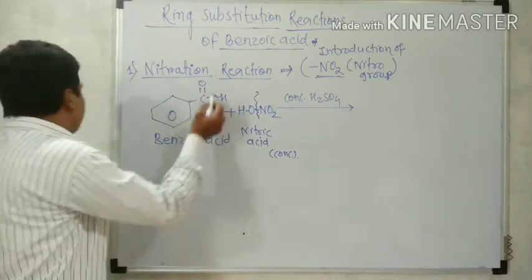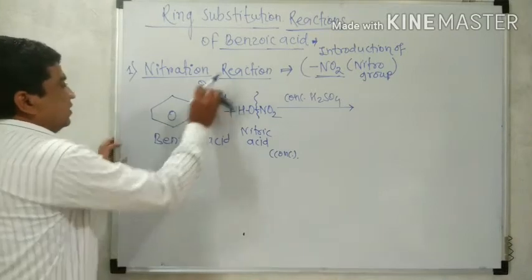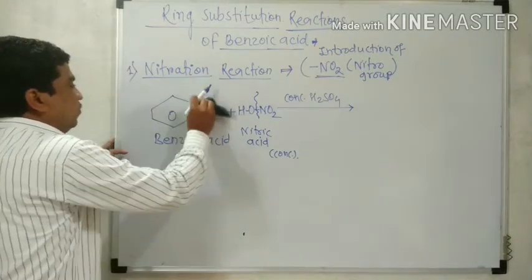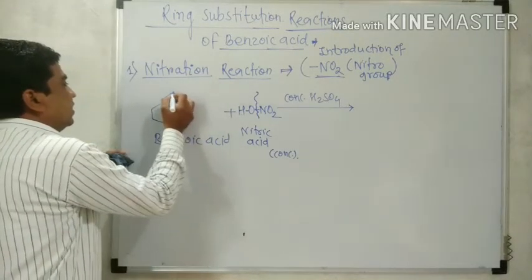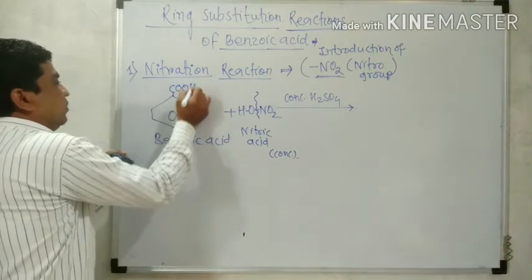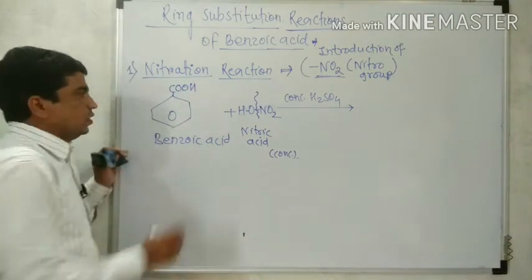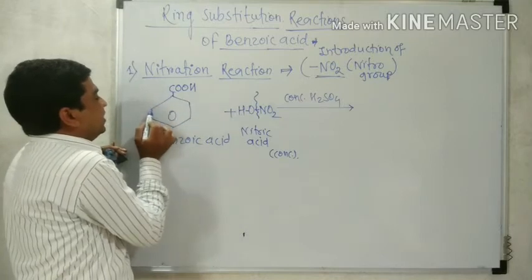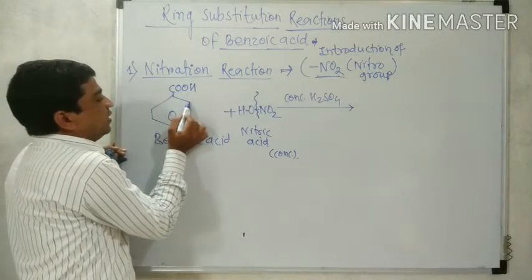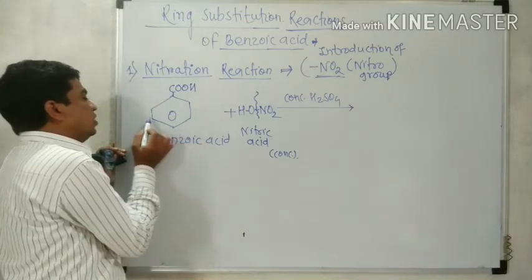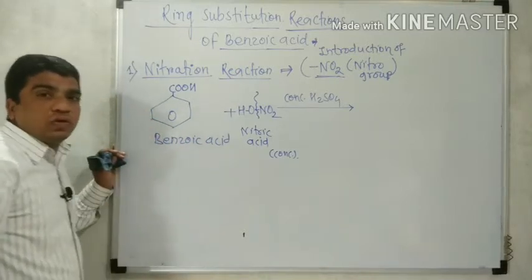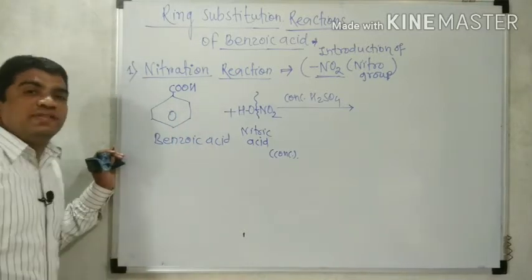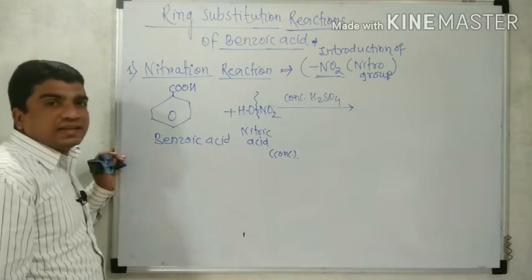When we write this formula, it is easy to understand. We can write benzoic acid in this way also. We know that this benzene ring contains a hydrogen atom here, here also, here also, here also, here also. These hydrogen atoms of benzene undergo the substitution reaction.